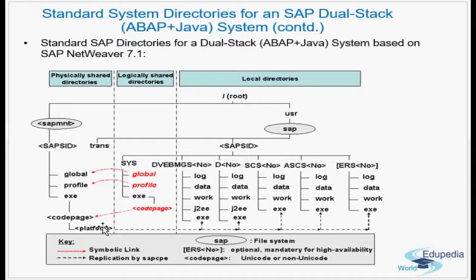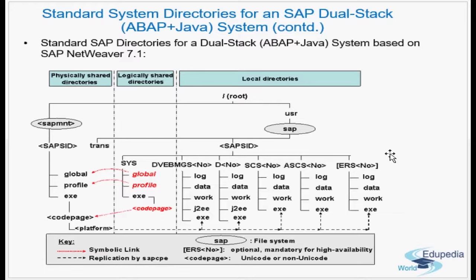That's it. Because Java is there, dual stack, you have an additional J2E subdirectory. And you have this ABAP central services, Java central services, and you have ERS now in 7.1 or higher. We have high availability option. So you have that ERS instance number.